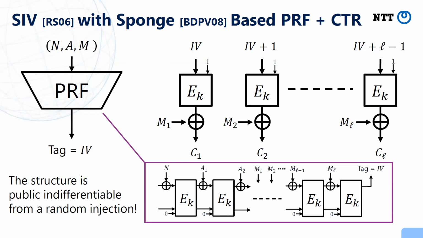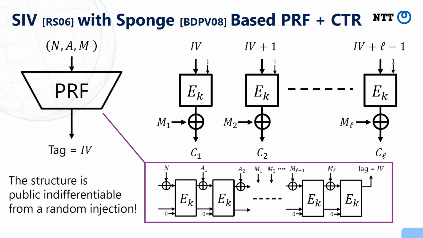And here, we assume that the PRF is instantiated as some sponge-based PRF, and we assume that the underlying primitive of the sponge is the incompressible block cipher. And in our paper, we showed that this structure becomes public indifferentiable from a random injection if the underlying block cipher is an ideal random permutation.